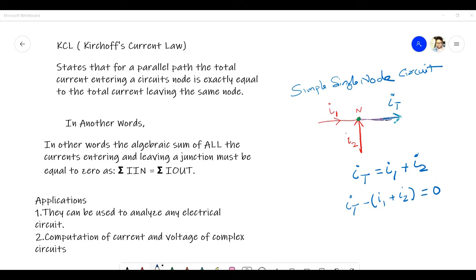According to KCL, the total current entering the node is equal to the current leaving the node. So I of t is equal to I1 plus I2. In other words, we can write it as I total minus (I1 plus I2) is equal to 0.